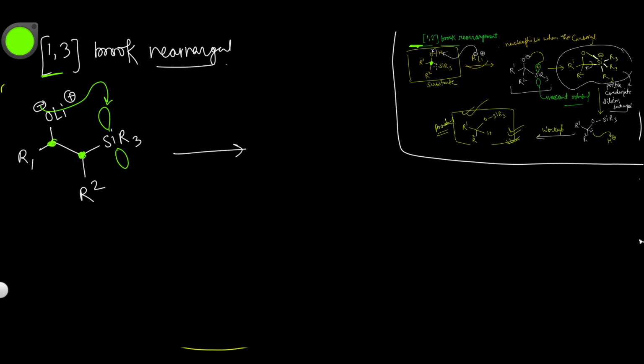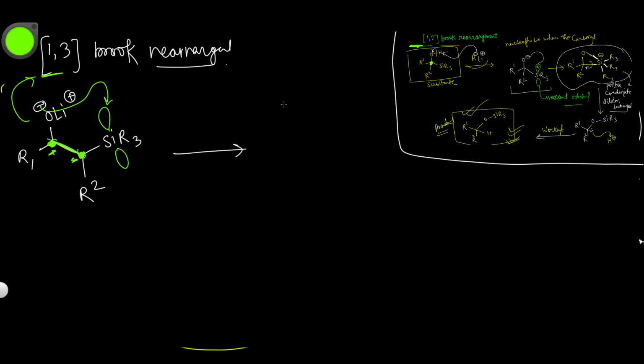The OH and SiR3 are attached from only one carbon. But in the 1,3 Brook rearrangement, we have 2 carbons between the OLi and SiR3. That's why we call this 1,3 Brook rearrangement.